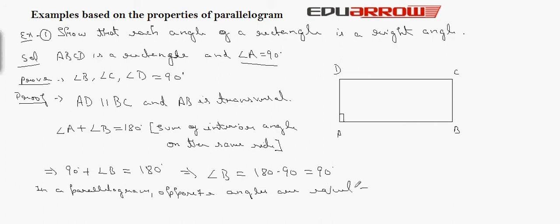So we can write here angle A is equal to angle C is equal to 90 degree and angle B is equal to angle D is equal to 90 degree. As a rectangle is a parallelogram and in a parallelogram opposite angles are equal. Therefore, each angle of a rectangle is a right angle.